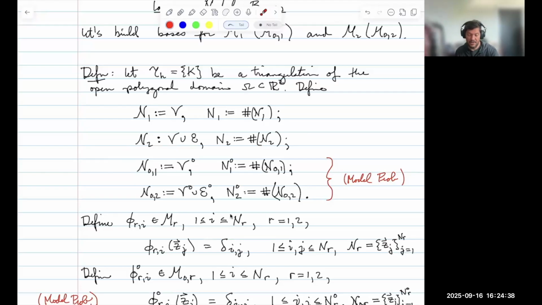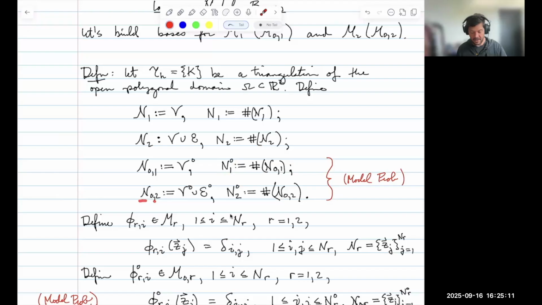And so what that means is in the end, I don't have to build basis functions with respect to the points on the boundary. That's a very important distinction. So I only need to work in that case with this nodal set, okay? So N01, that's the set of all vertices that are in the interior, the set of all interior vertices. And the number of those points is what I'm going to write as N10.